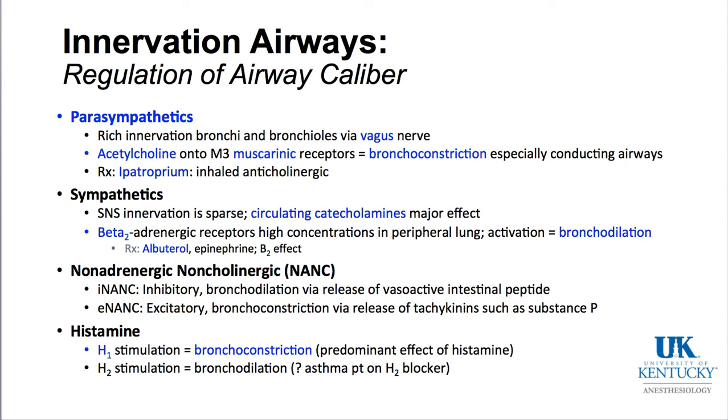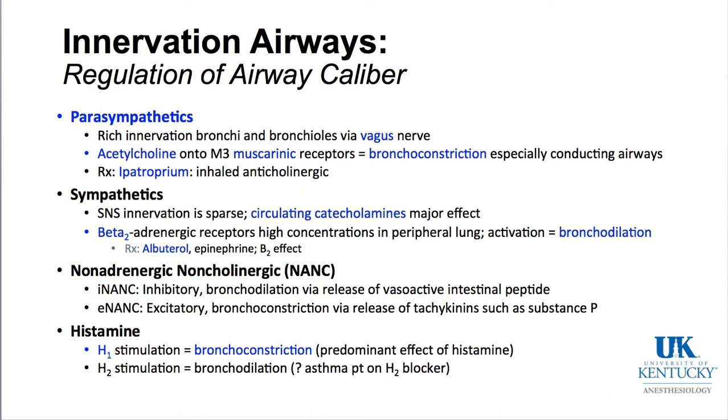Going back to the parasympathetics, remember that acetylcholine acts on muscarinic receptors, resulting in bronchoconstriction of the conducting airways. Ipratropium is an inhaled anticholinergic agent, and therefore effective in blocking parasympathetic-induced bronchoconstriction.